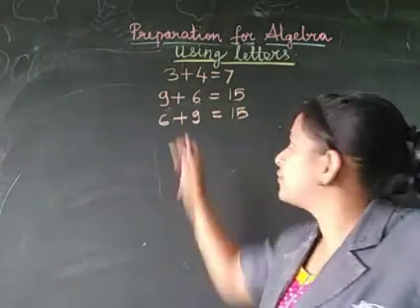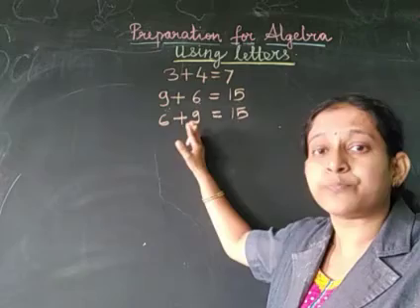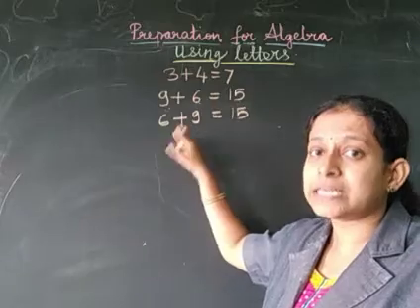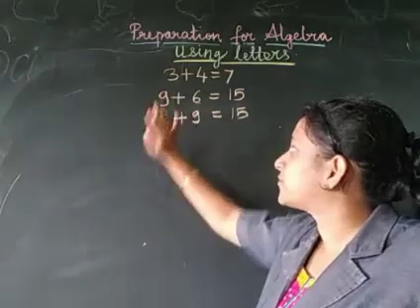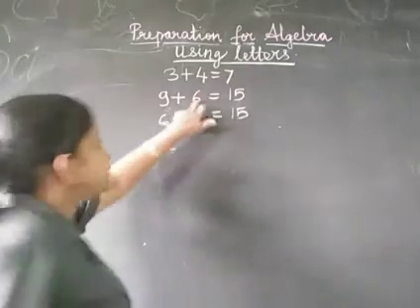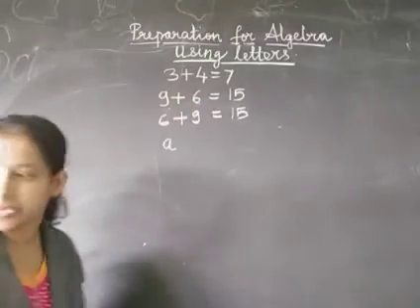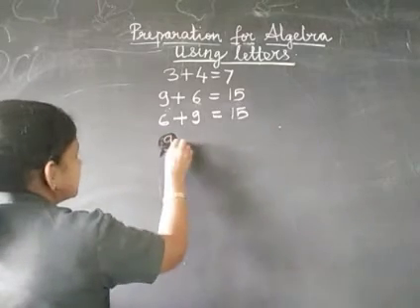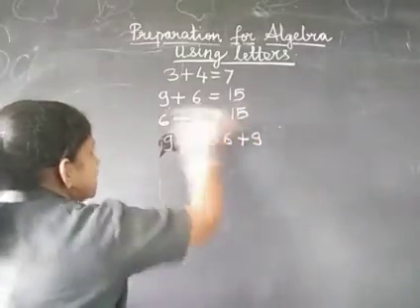Suppose now that instead of numbers, we use letters, because we have already learned that in addition the sum of the numbers, even after changing the order, remains the same. So 9 plus 6 is equal to 6 plus 9, whose total is 15.